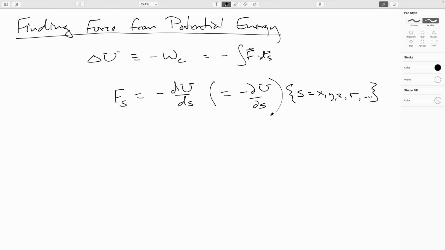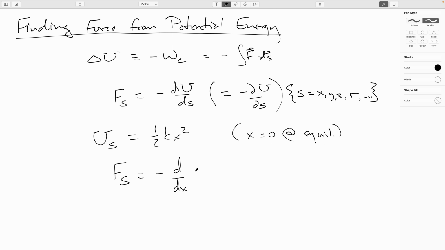So let's just take a quick example of this. Let's say that we didn't know that the force of a spring was minus kx, but we had experimentally measured that we could write the potential energy for a spring as 1/2 kx squared. And again, this is where x equals 0 at equilibrium, which is the version I'm going to use here. So if I wanted to know the force of the spring, that will be minus d dx of U of s, so that's minus d dx of 1/2 kx squared.